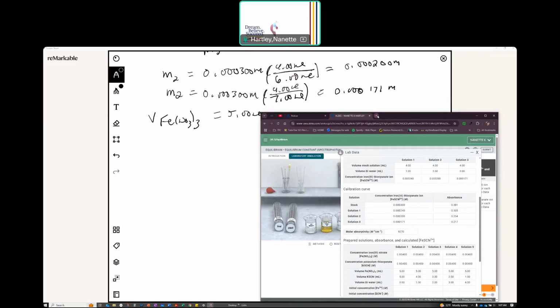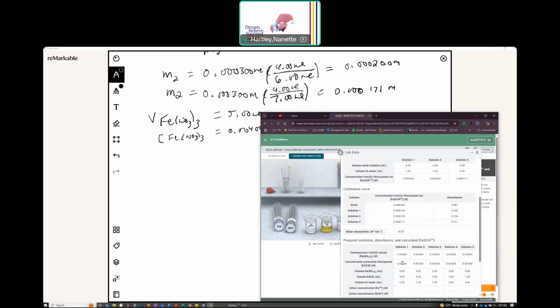And the concentration of the FeNO3 that we use equals 0.00400. I know that because that's what it says right there. They're both 0.00400 molar.